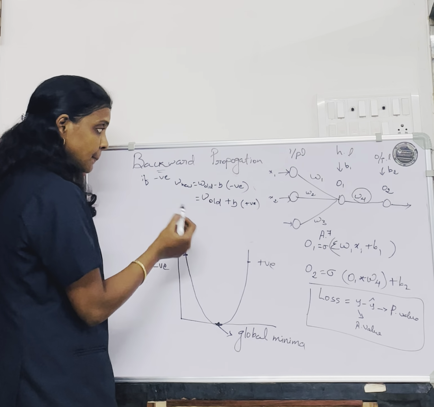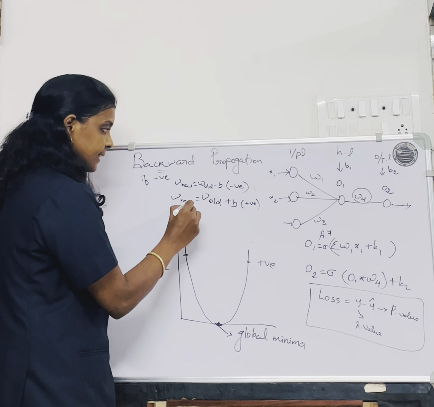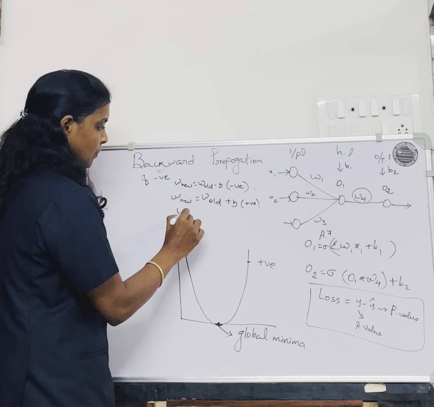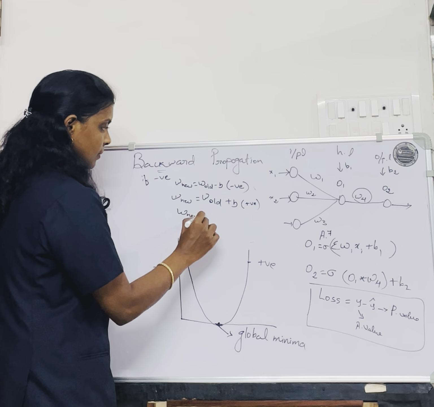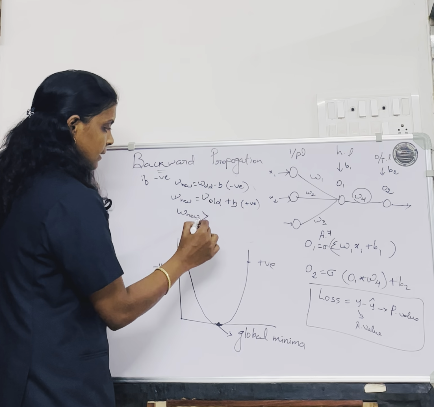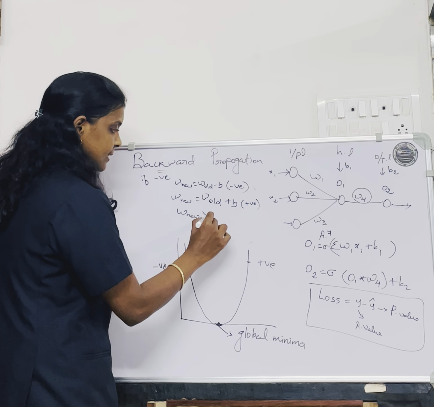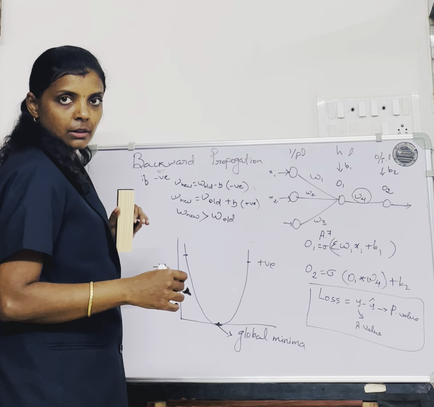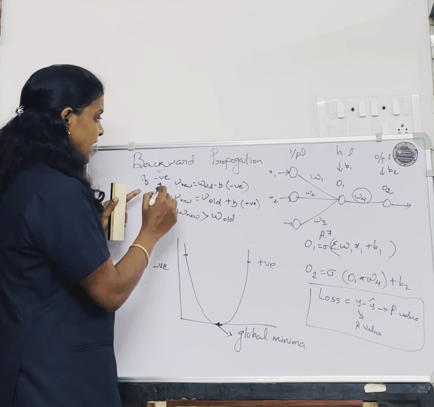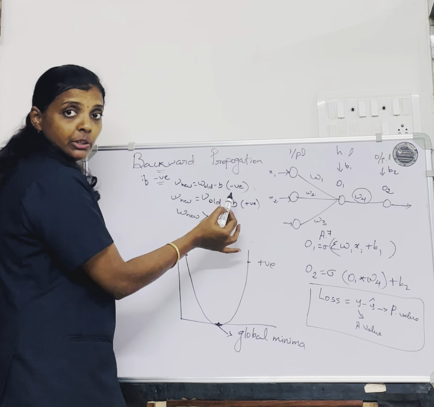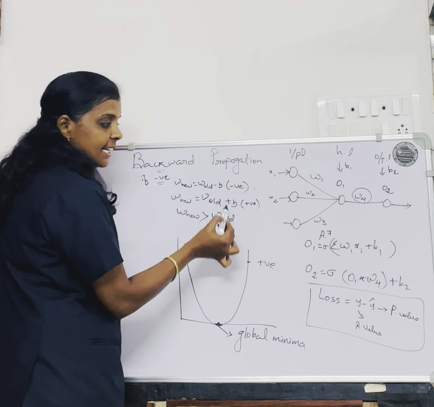So what will happen here? Our new weight will increase compared with the old weight. Clear? So if our slope value is negative, we just apply that value in that formula, minus into minus is plus.